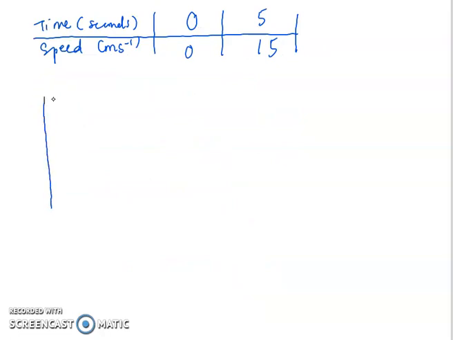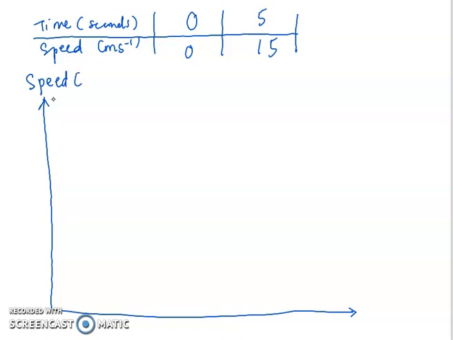Again, when you draw your graph, make sure you use a grid or graph paper. Be sure to label your axes as well. The y-axis is speed in meter per second, and your x-axis is time in second. And then our origin, and the scale that we are using.